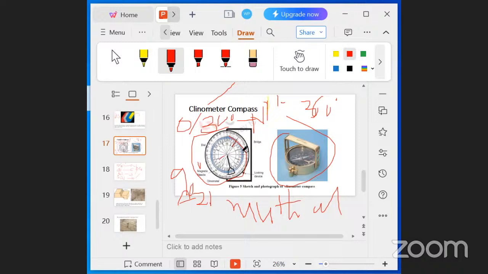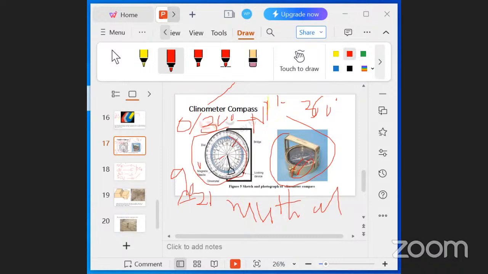The bridge line is always parallel to the north-south line of the dial. The locking device is present outside the dial ring. Pressing it locks the magnetic needle as well as the clinometer, so that the reading may be noted even after moving the compass from the outcrop.